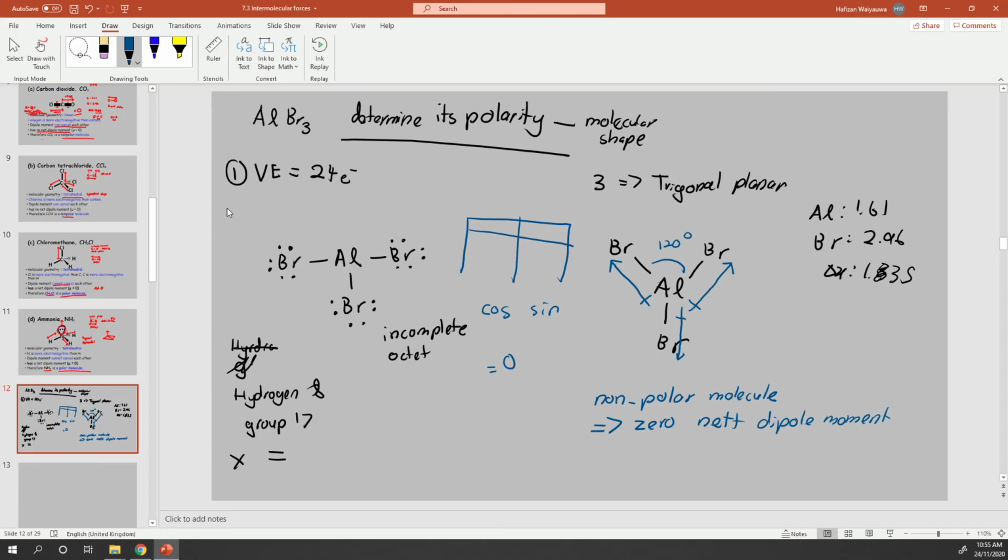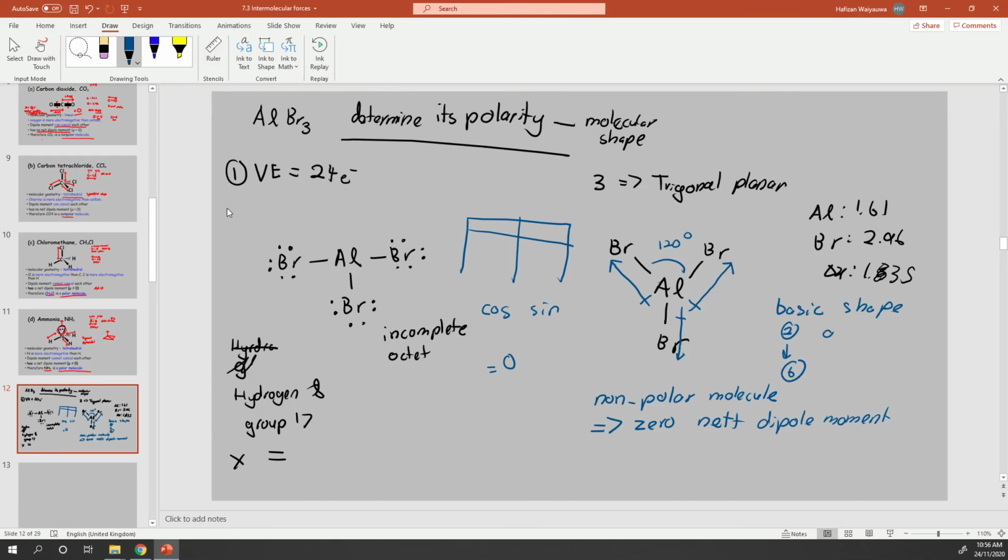So apa yang awak perlu buat, awak perlu hafal basic shape. Kita ada 2 pair sampai 6 pair kan? Ya.